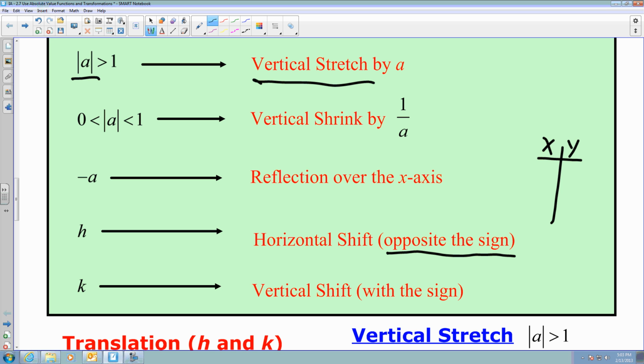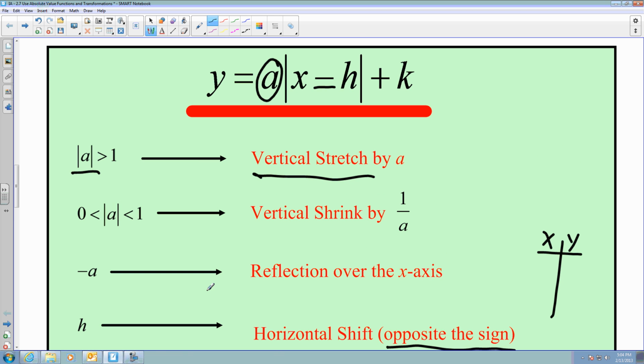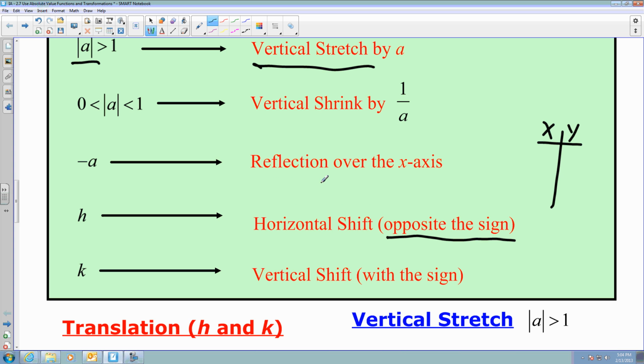If it says x plus 3, that means you're going to move to the left 3 units. If it says x minus 3, you're going to go to the right. Sounds confusing, but it's just because of the equation and how it's represented. K is the vertical shift, and you just go with whatever sign it is. If it's a plus 5, you're going to move up 5. If it's a minus 5, you're going to go down 5.